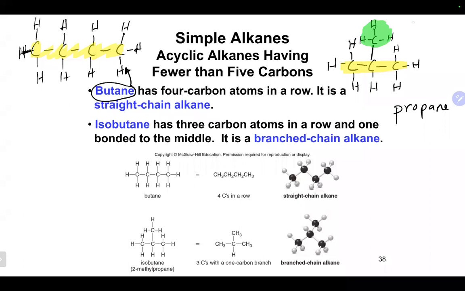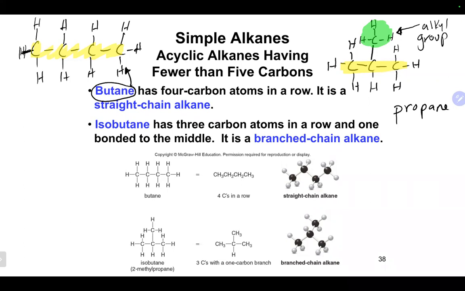So when we look at this guy up here, this is not part of the main chain, the longest continuous carbon chain. This is what is sometimes referred to as a group, and more specifically is referred to as an alkyl group. That's a fancy way of saying carbon-based group, basically. So an alkyl group here is basically a carbon-based group that's not part of the main chain.